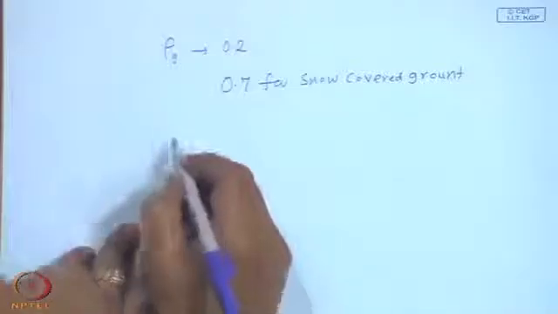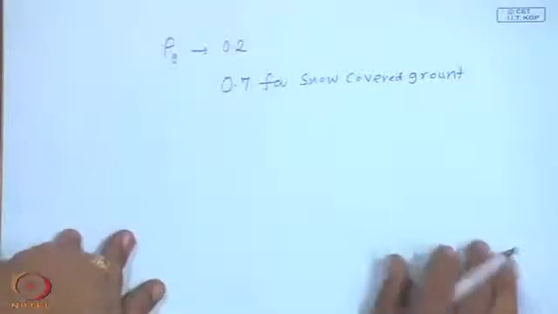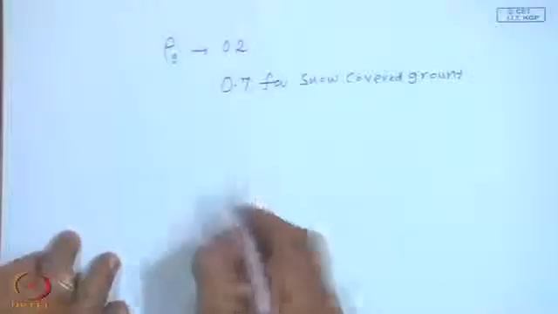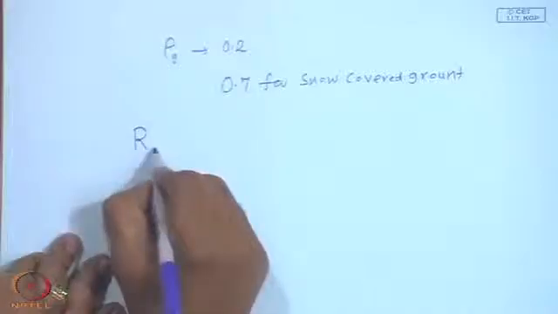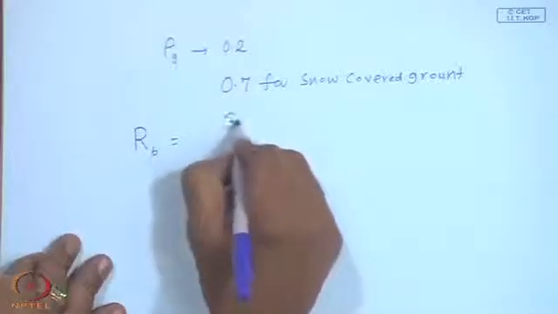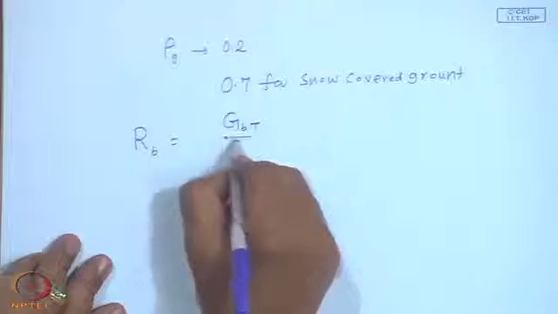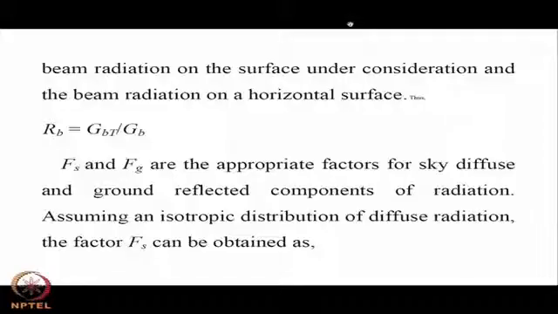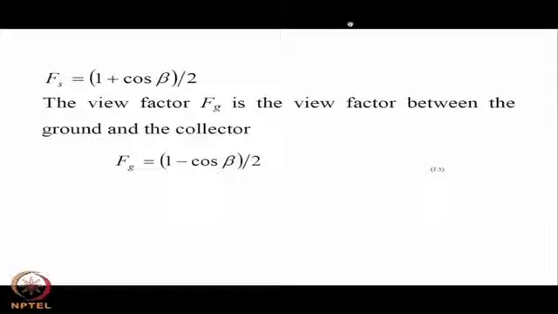Now, this R B is the instantaneous tilt factor, that is what we try to find out. So, I can write R B as G B on the tilted plane by G B on the horizontal plane. And we have already talked about F s and F g, or the factors associated with the sky diffuse and ground reflected factors, which are given by 1 plus cos beta by 2 and 1 minus cos beta by 2.